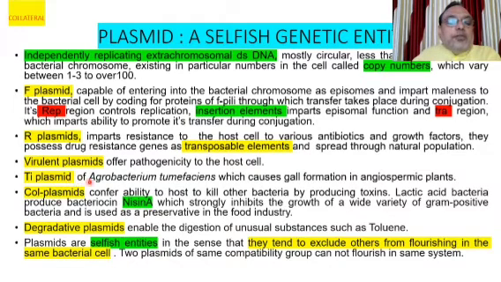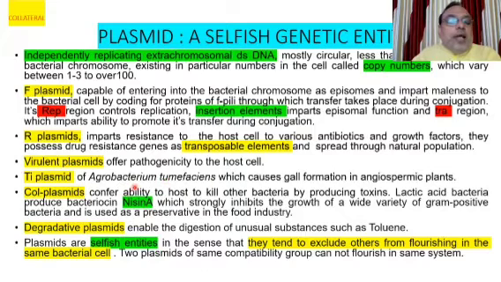Then there are Ti plasmids, a very important plasmid of Agrobacterium tumefaciens. These Ti plasmids have been termed the natural case of genetic engineering because they transfer genes from one organism to another.